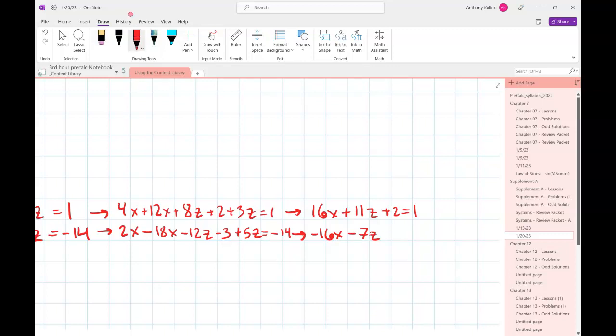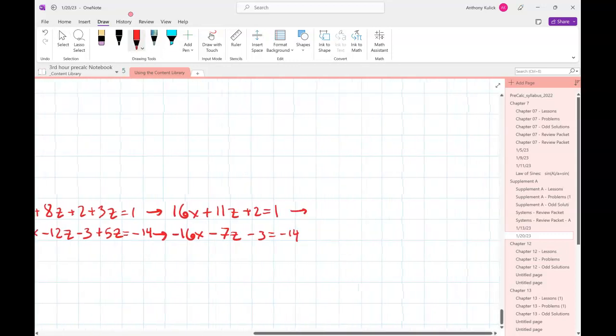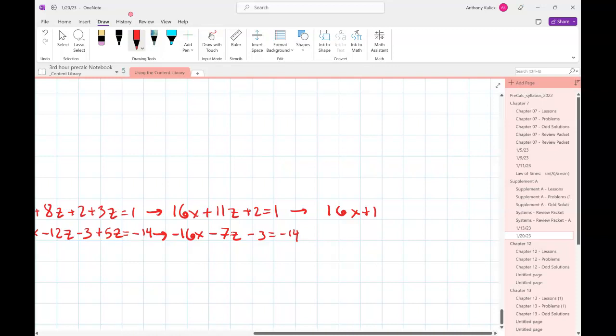Oops, I still have that -3 equals -14. And then I'm just going to subtract that 2 over. And then in the second equation, I'm going to add 3 over. And this is my new system that I'm going to solve.